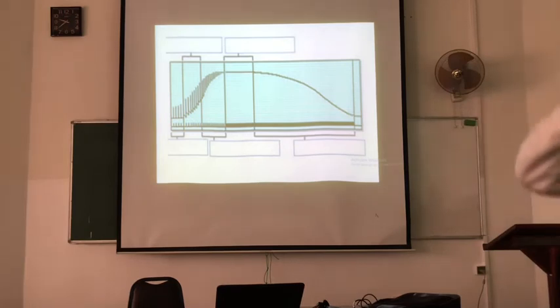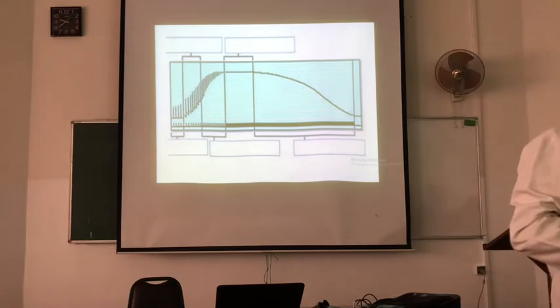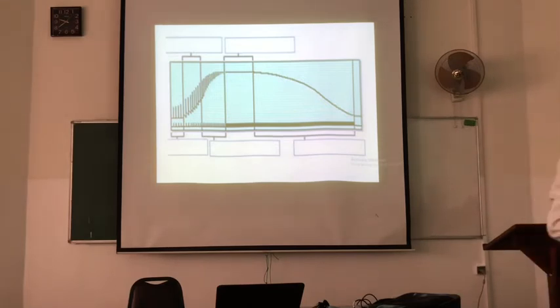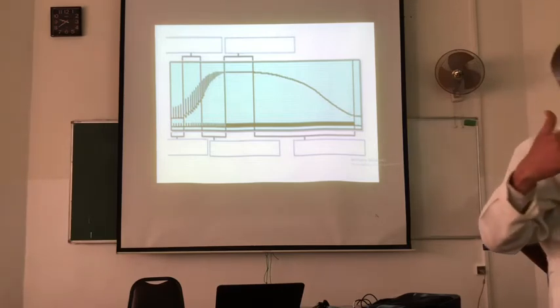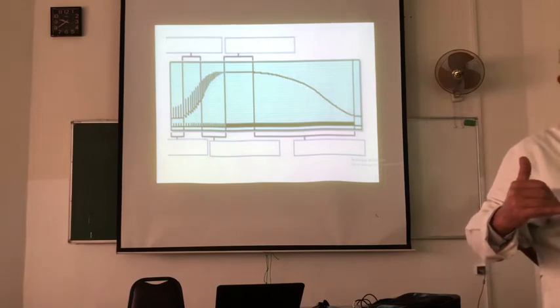The amplitude of contraction depends on what? On the strength of the stimulus? You have the same strength. The concentration of what? Of calcium inside. After the first stimulus, you have increased calcium concentration from 10 to the minus 7 to 10 to the minus 4, for example.